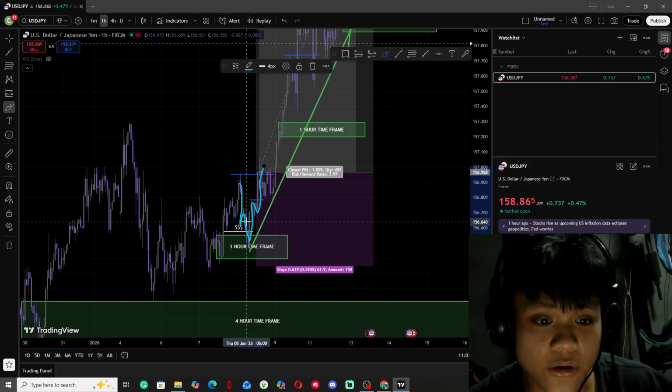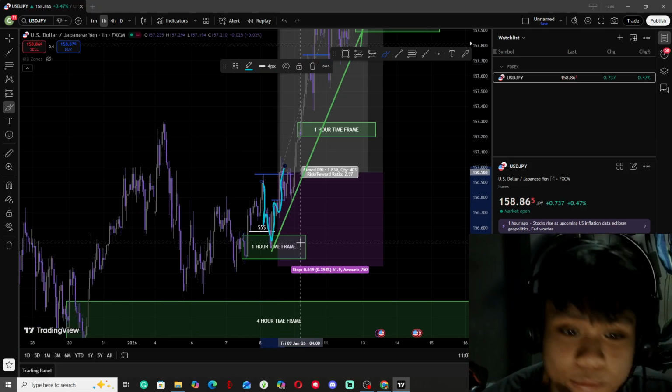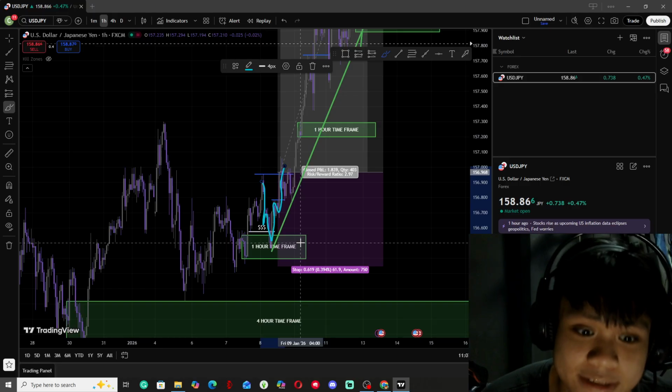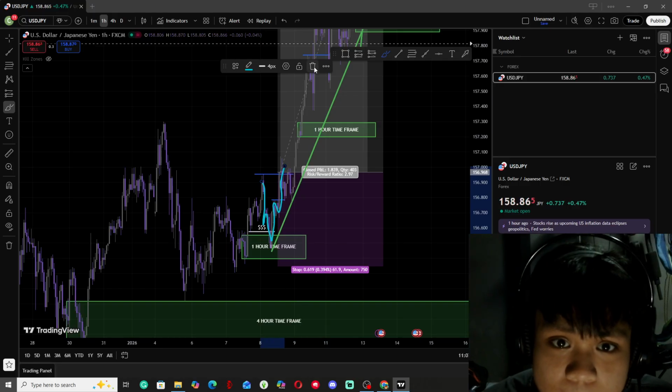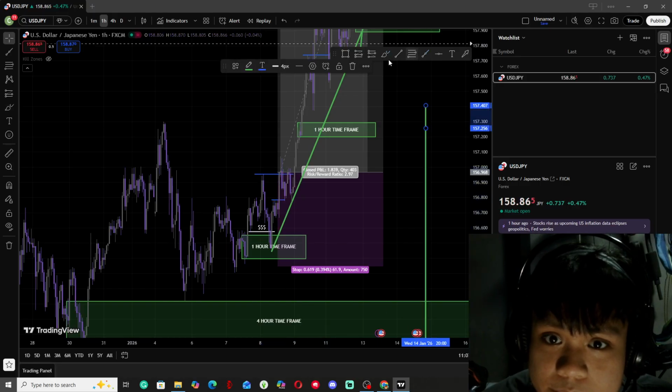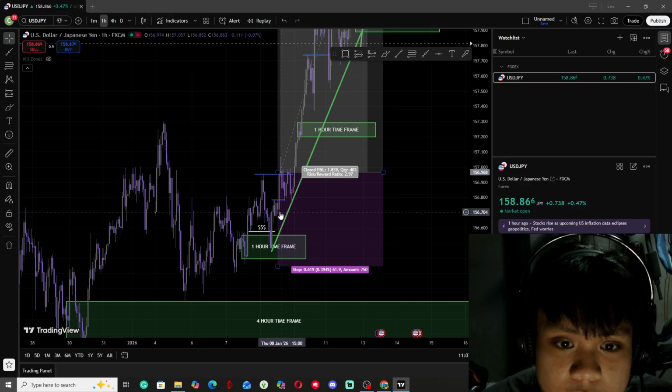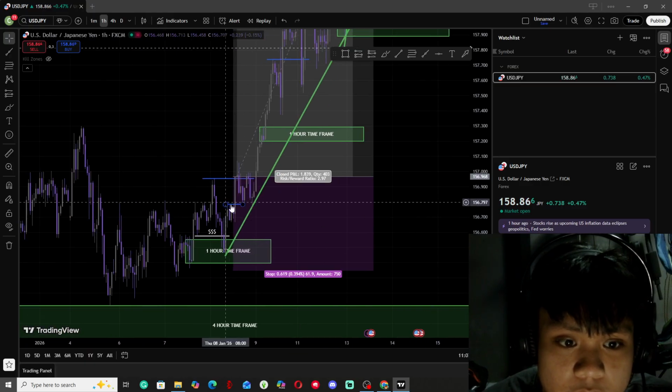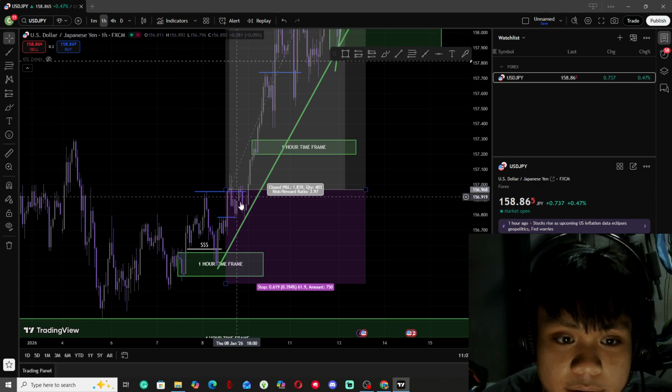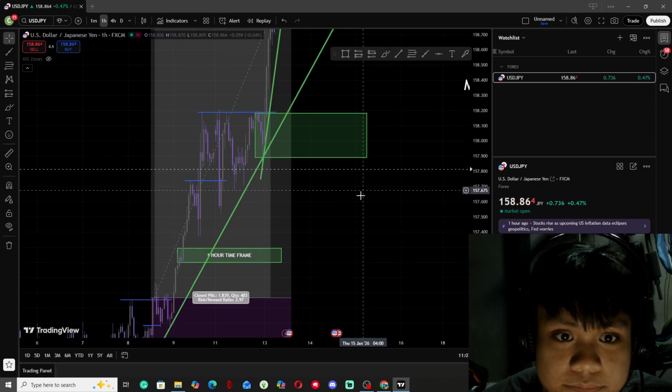And plus it also touched the demand zone. So once it touched the demand zone, I knew it was gonna go up. Okay, let's delete this. So after it broke, I took a buy over here. Then yeah, it went up.